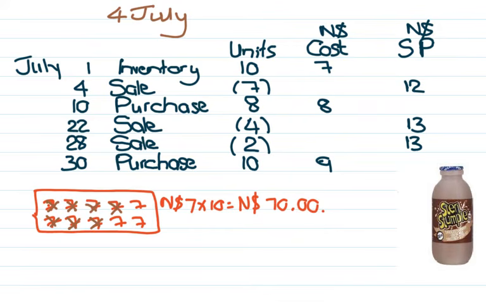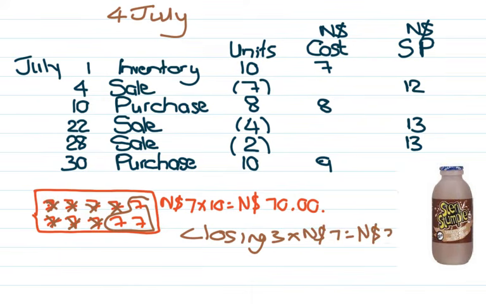All right, so what is my closing now? My closing at this stage is then 3 units times $7, and that equals $21. All right. What was the value or the cost of the ones that you sold?